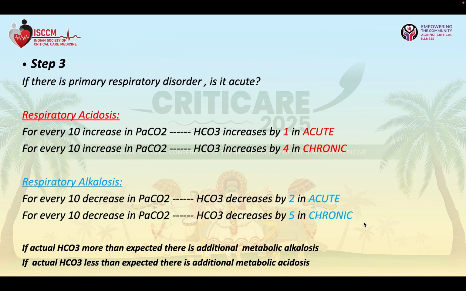So we remember the figures as 1, 4, 2, 5: acute and chronic respiratory acidosis, and acute and chronic respiratory alkalosis. This is how we remember. If the actual bicarbs are more than expected, then there is an additional metabolic alkalosis, and if the actual bicarbs are less than expected, there is an additional metabolic acidosis.